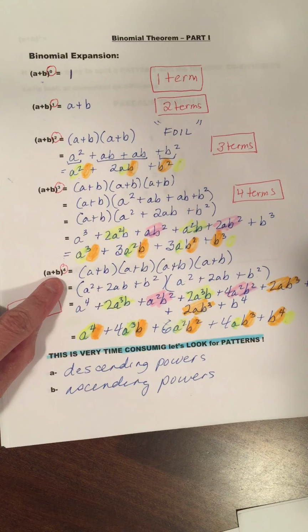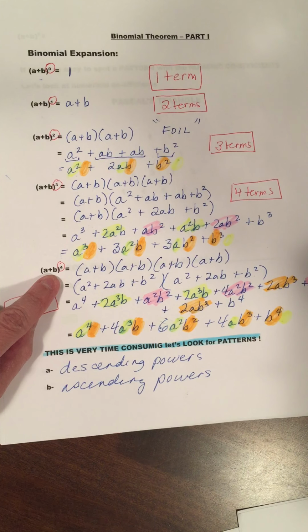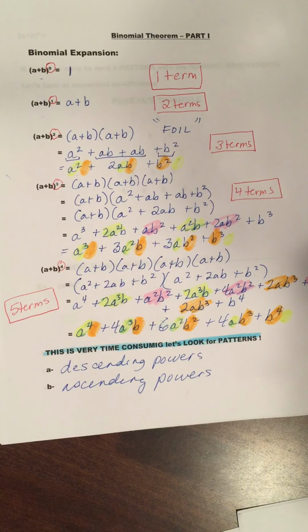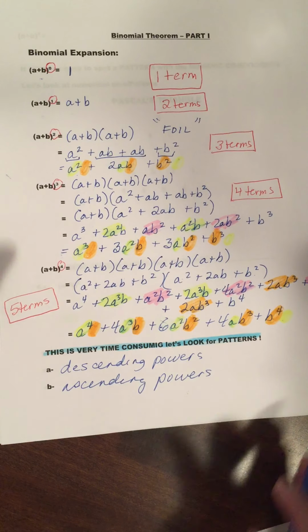Rule 3, whatever my second term is in that binomial that I'm expanding, those powers are going to be in ascending order. Totally cool. Okay, when you're ready, let's flip.